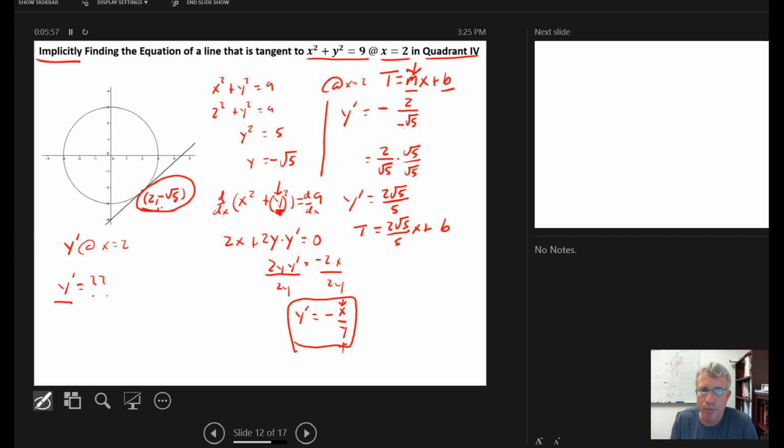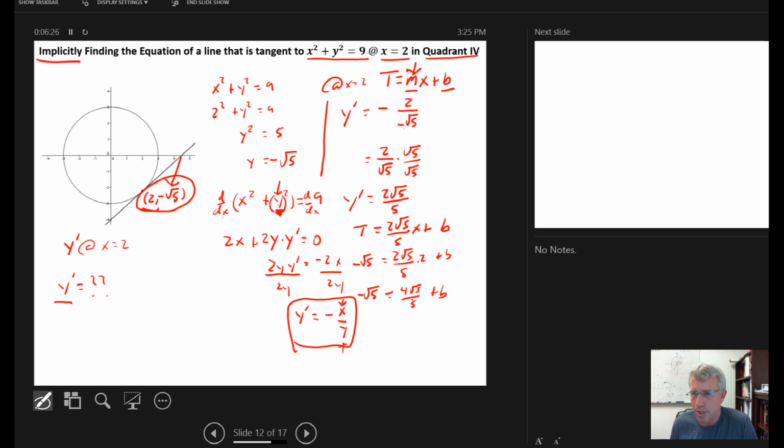And now to solve for b, we just plug in the point 2 comma negative root 5. So replace the function output with negative square root of 5 equals 2 square root of 5 over 5 times 2 plus b. So this is really going to be the opposite of the square root of 5 equaling 4 root 5 over 5 plus b.